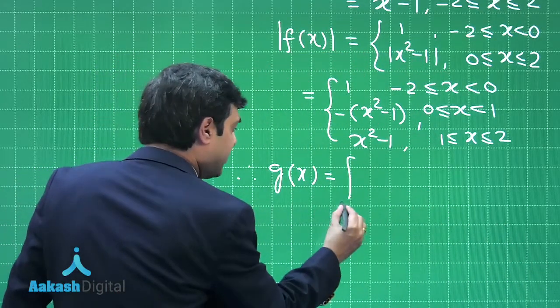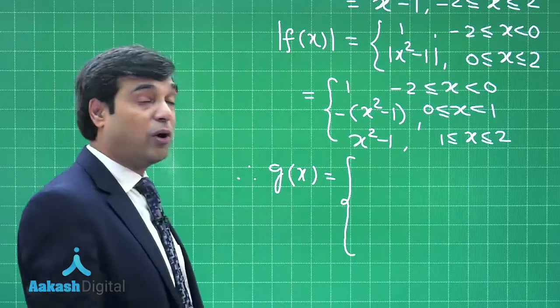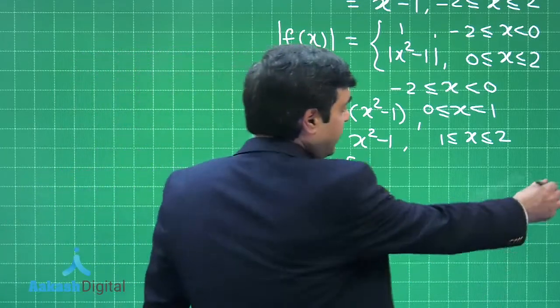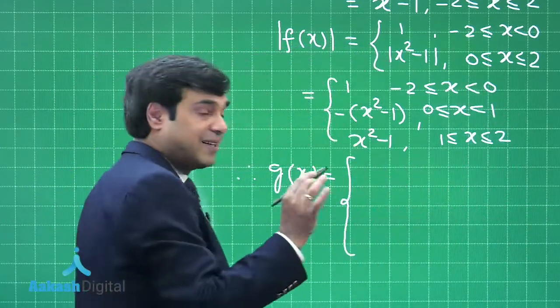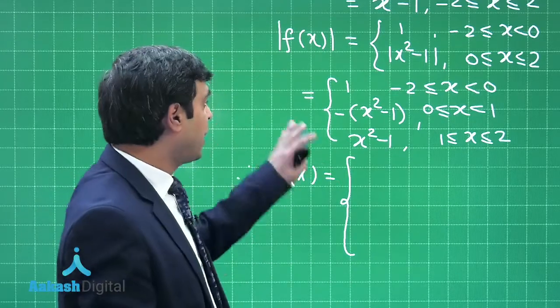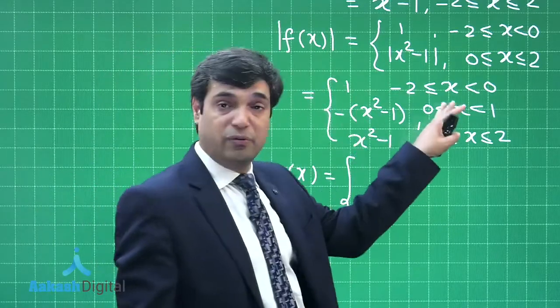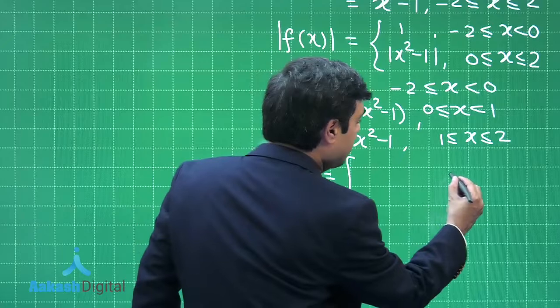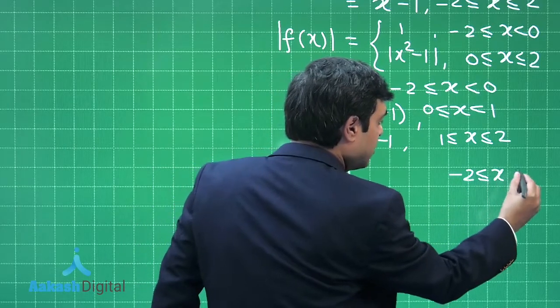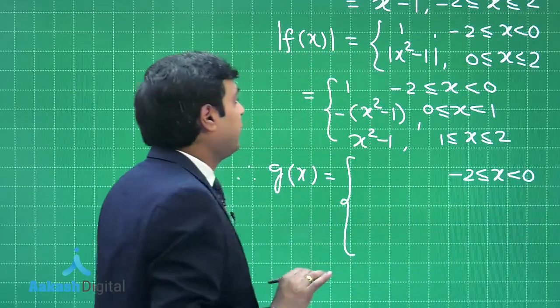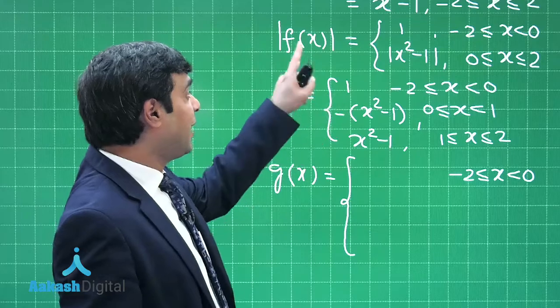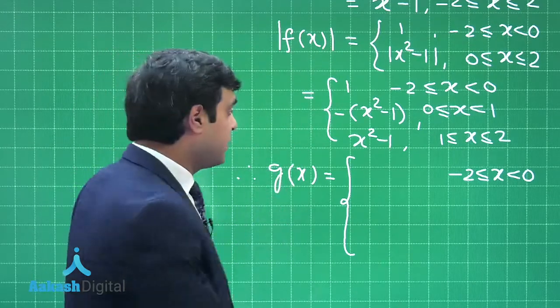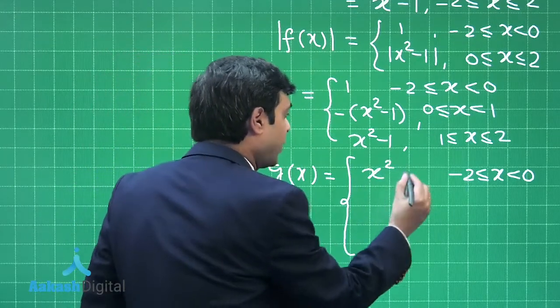Okay, when you add the two functions to get g(x), you need to break it into different intervals as per mod of f(x) and f of mod x. Now f of mod x has simple interval -2 to 2. You have to break it accordingly now mod of f(x). So breaking it like -2 to 0, when you add, this is 1 and the other function is always x square -1. So you get here x square.